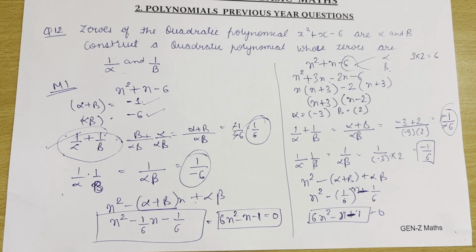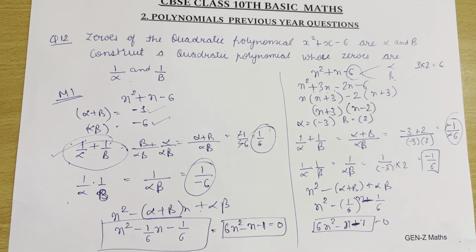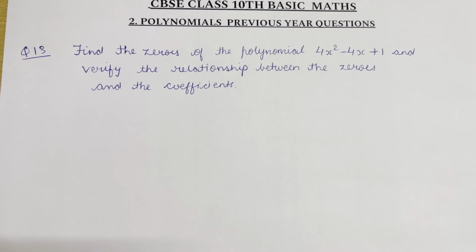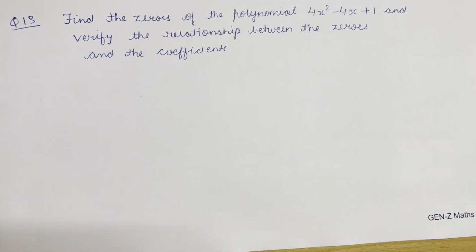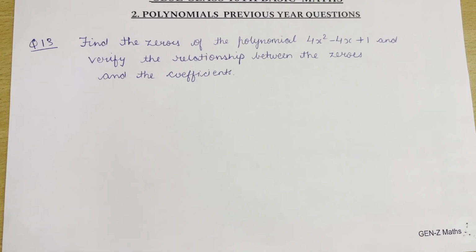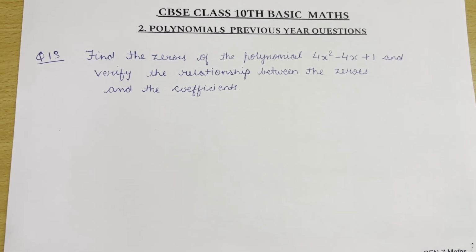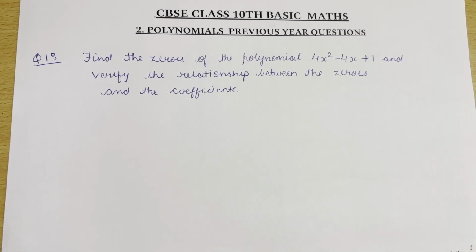The next five questions will be of a similar domain, of similar type, I could say. So this is the next question, and the last five questions for this video will be of this type only. This type of question, finding zeros of a polynomial and verifying the relationship, is a very easy and scoring type of question.